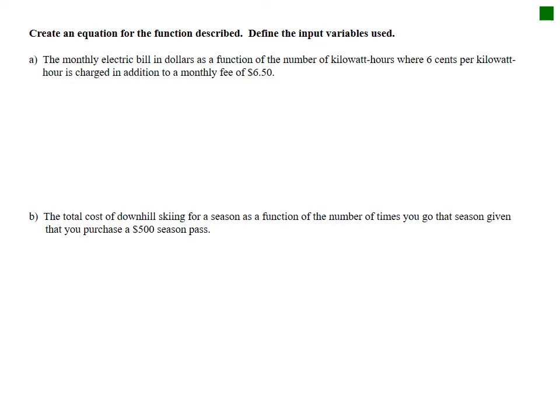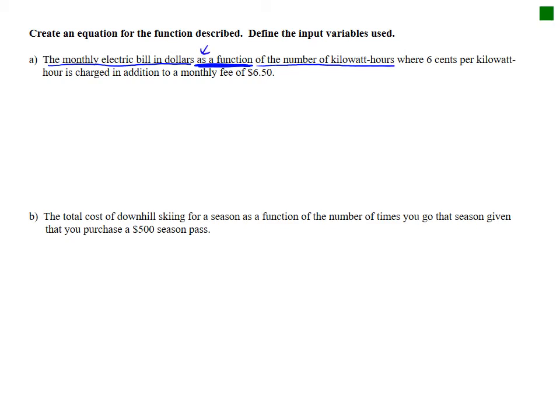In our first example, the monthly electric bill in dollars as a function of the number of kilowatt hours, where 6 cents per kilowatt hour is charged in addition to a monthly fee of $6.50. What we have here first described is the monthly electric bill in dollars. Notice it says as a function of the number of kilowatt hours.